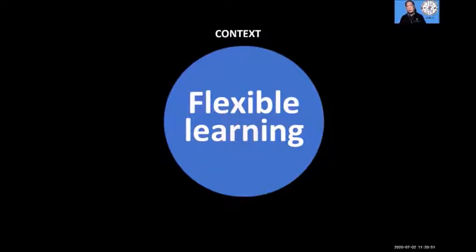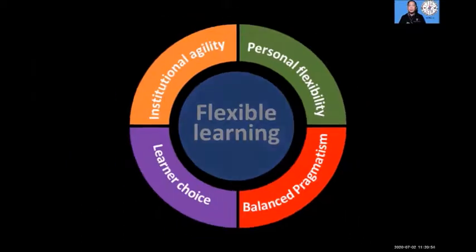Flexible learning is basically student-biased learning, meaning we do the learning in the context of the characteristics of our students, to address the personal flexibility of our students, to also provide opportunity for students to select what they want to learn at a particular period of time.